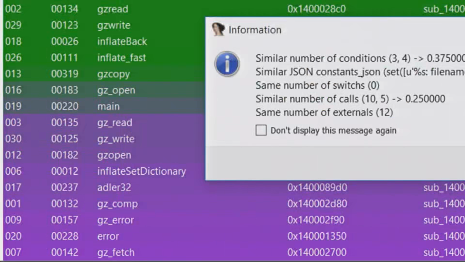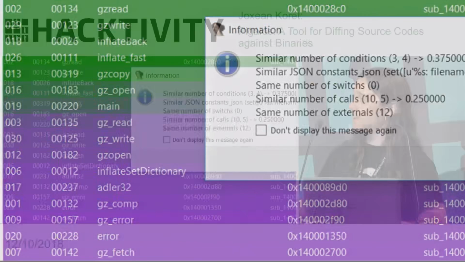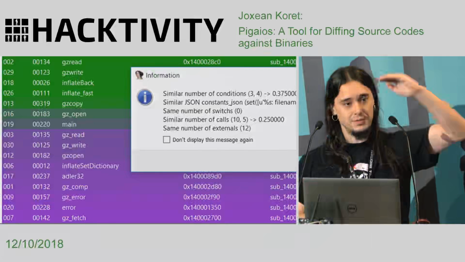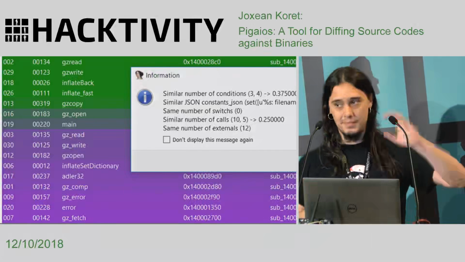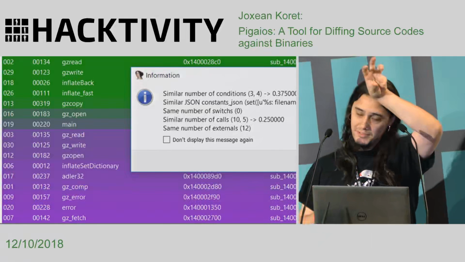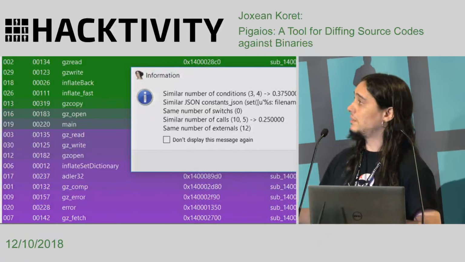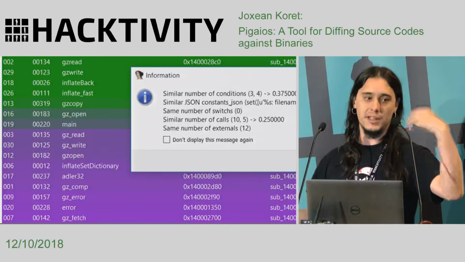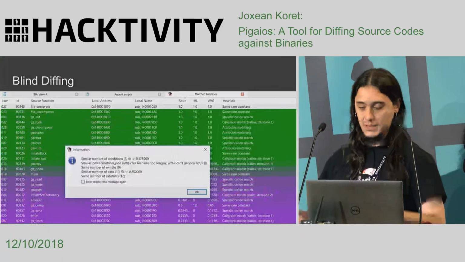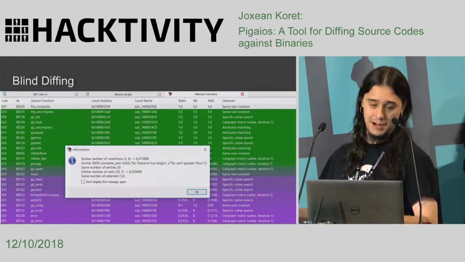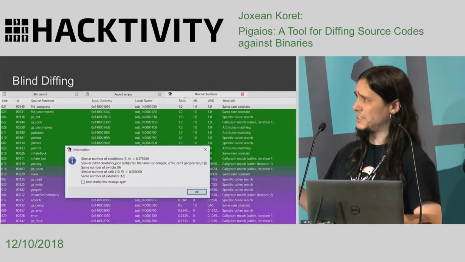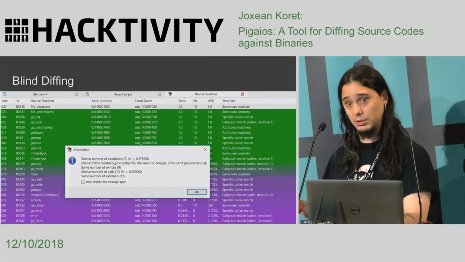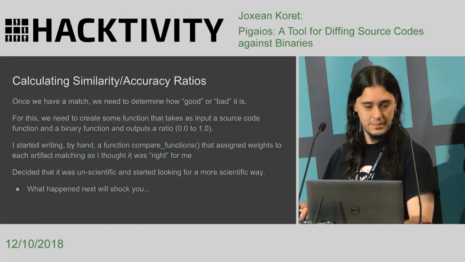In the source code there are 10 calls, but finally the compiler decided that you don't need to have 10 different calls in 10 different places, but only 5 calls in 5 specific places. Also, the number of external functions or references in that function is 12. So this is a good match for, I think it was SH4, if I'm not wrong, and this is the only thing that we can do to show or determine how good or bad it is.